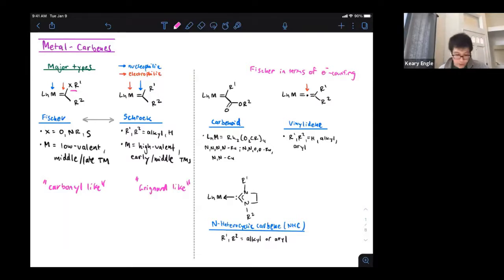And then a dirhodium complex, or there are other types of complexes that do these, like copper complexes bearing NN ligands, for example, ruthenium tetraamine ligands, or ruthenium porphyrin complexes.